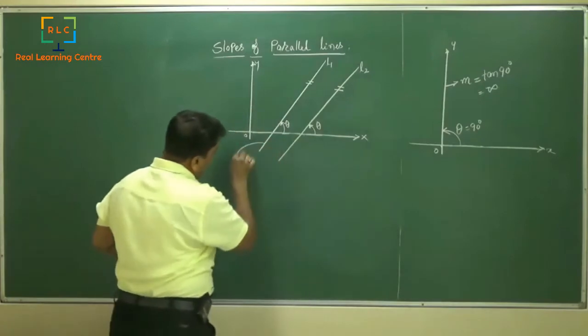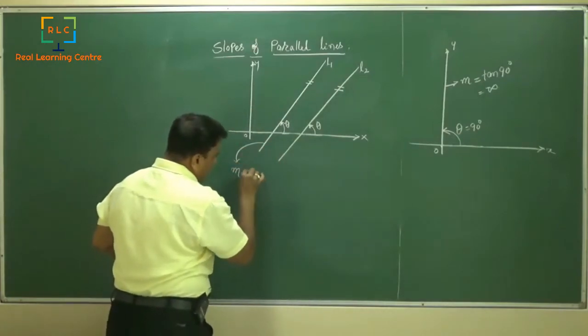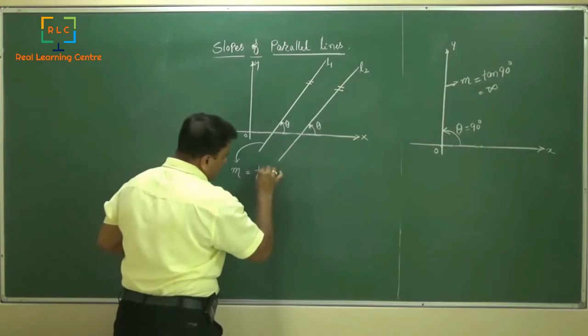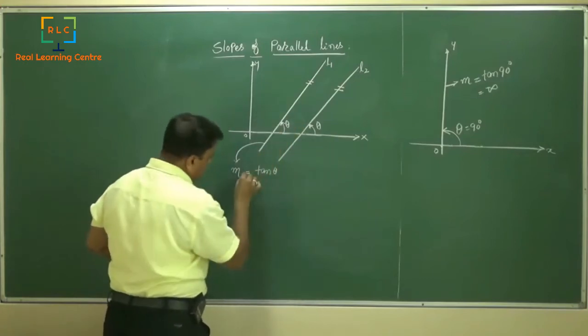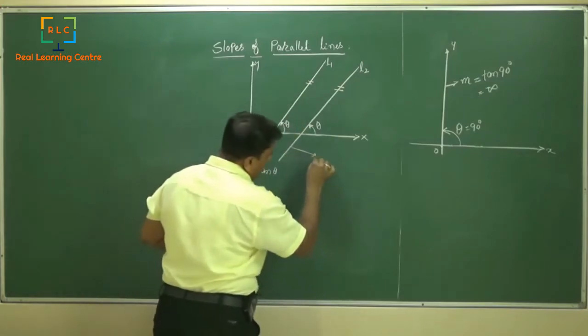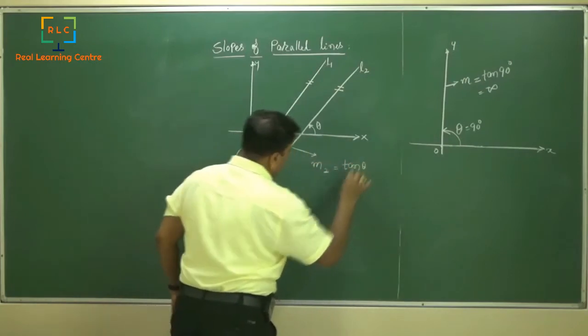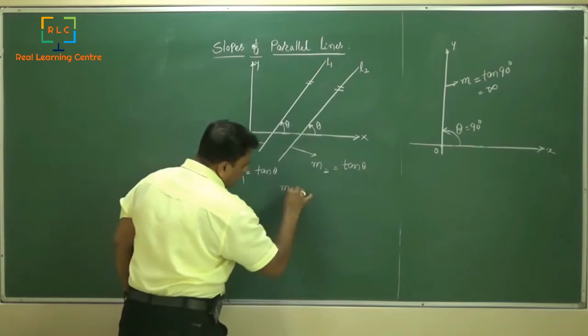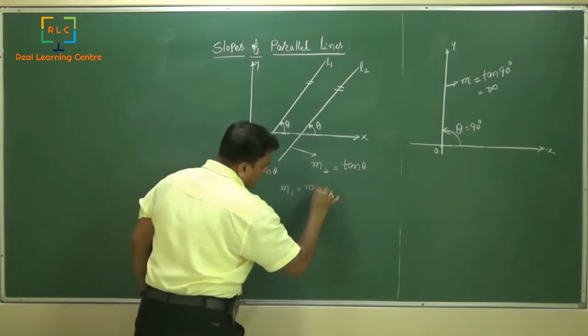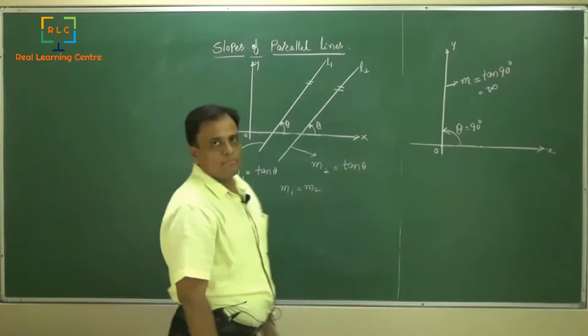So clearly the slope of the first line is M equal to tan theta. To avoid confusion, we take the first line's slope as M1, and the slope of the second line M2 is equal to tan theta, and therefore clearly M1 is equal to M2.